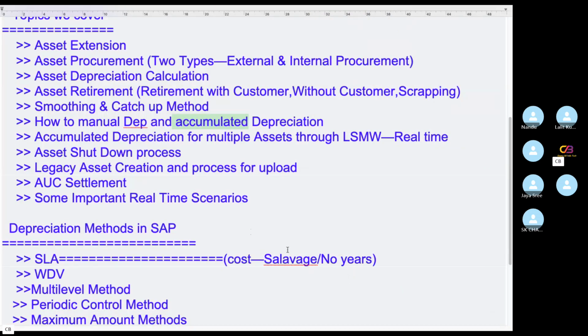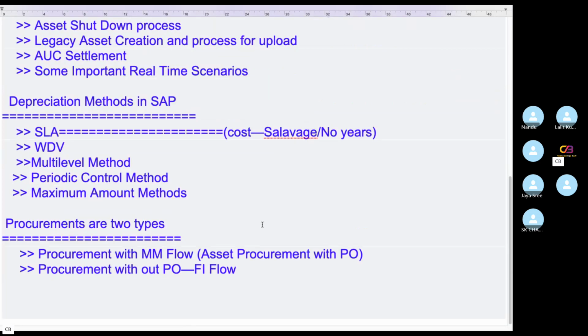If assets are in the under construction stage, whatever expenditure is incurred, let's say for example I have a building. This is under construction, work in progress.